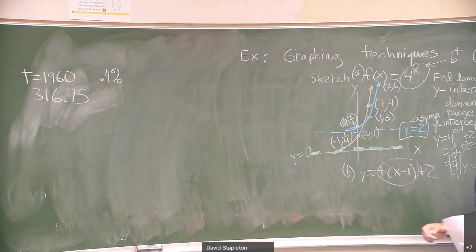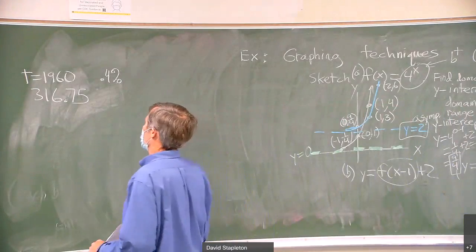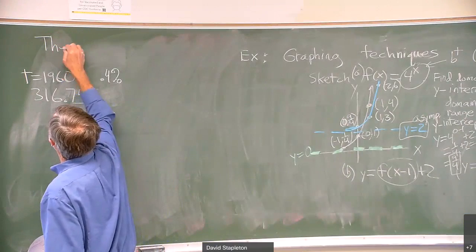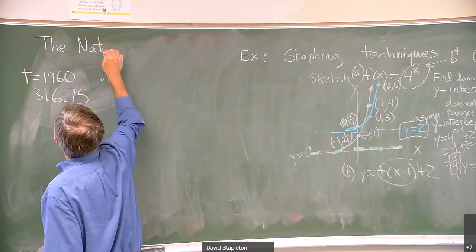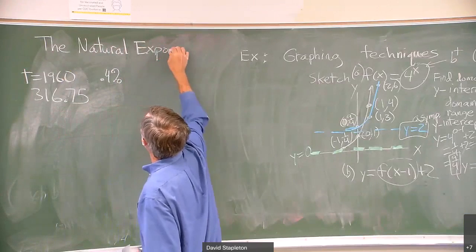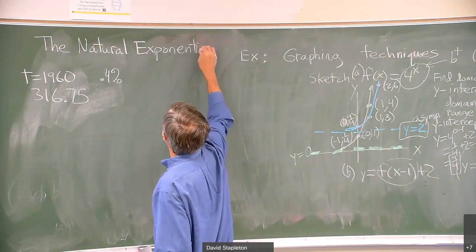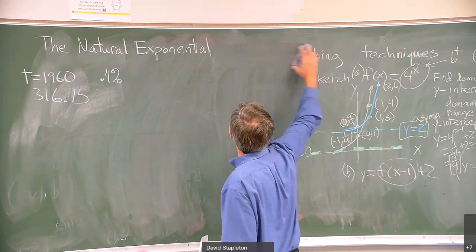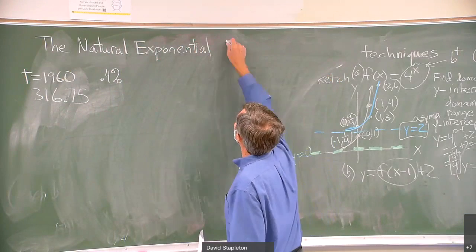It's kind of odd. I want to point out there's a very important exponential function, the natural exponential function. Very, very important in calculus, one of the more important functions in all of calculus.